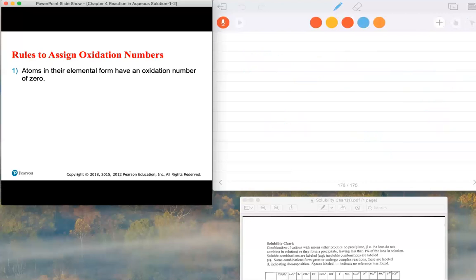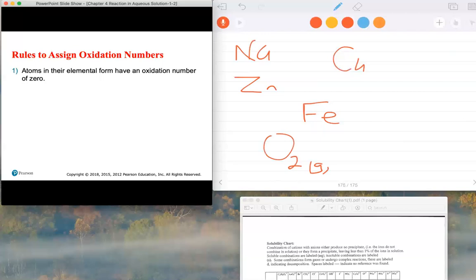For example, sodium, zinc, copper, iron. In their elemental state, they have an oxidation state of 0. Even oxygen gas is 0. They are in the elemental or molecular form.